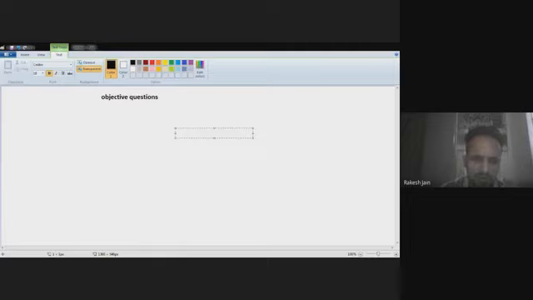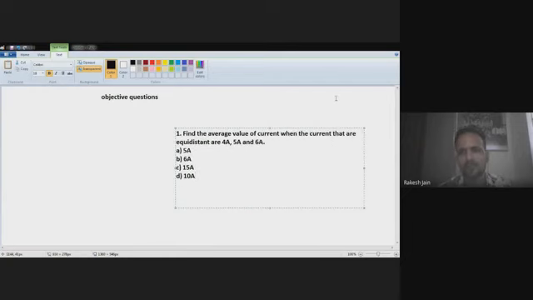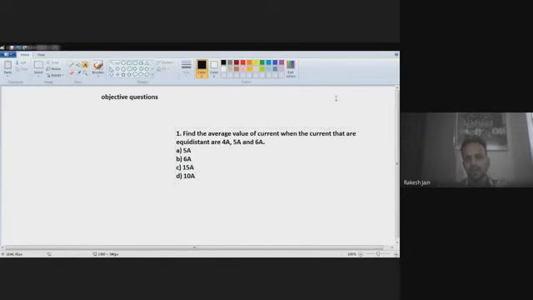If someone says to find the average value of the current when you are given some values, for example, find the average value of current when the currents are 4 ampere, 5 ampere, 6 ampere.